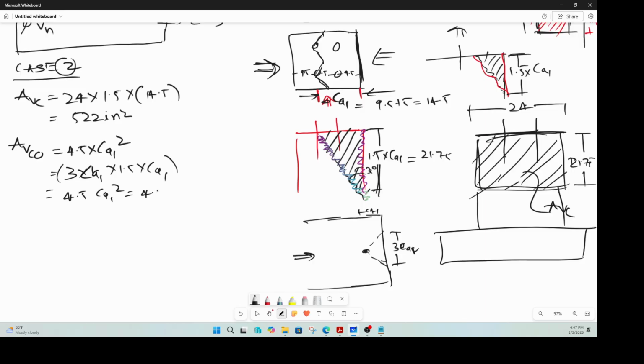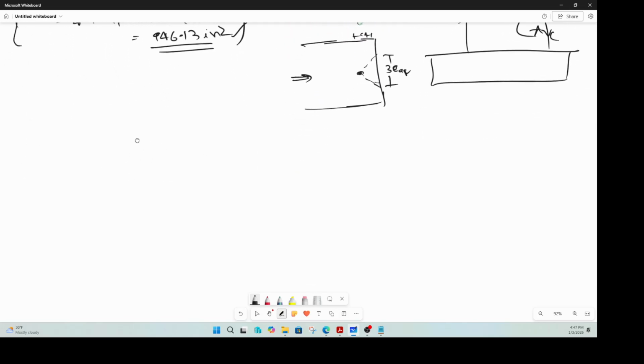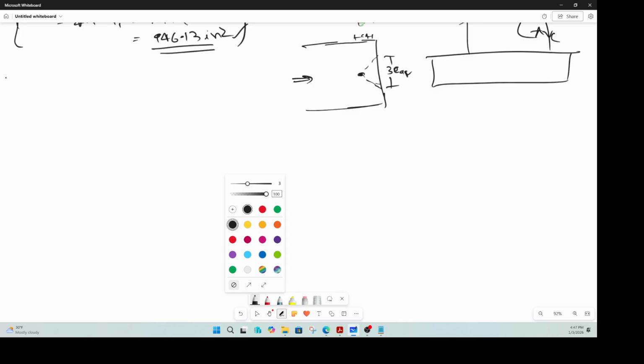In this case, CA1 is 14.5, so it is roughly 946.13 inch square, right? So if there is no edge constraint issue, then for one anchor, AVCO is that much. So we calculated AVC, we calculated AVCO. We'll move to the next step, wherein we write down the formula for VCBG.